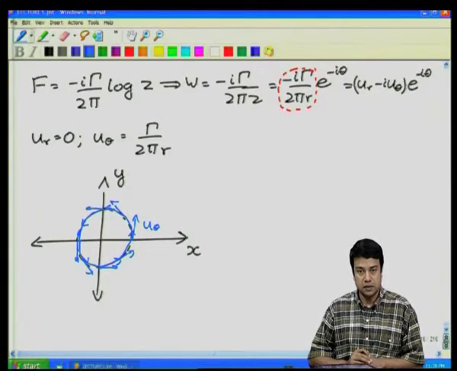What is gamma? In a similar manner to how we found out the mass flux for a point source at the origin, gamma is what is defined as the circulation, and that is obtained as follows.